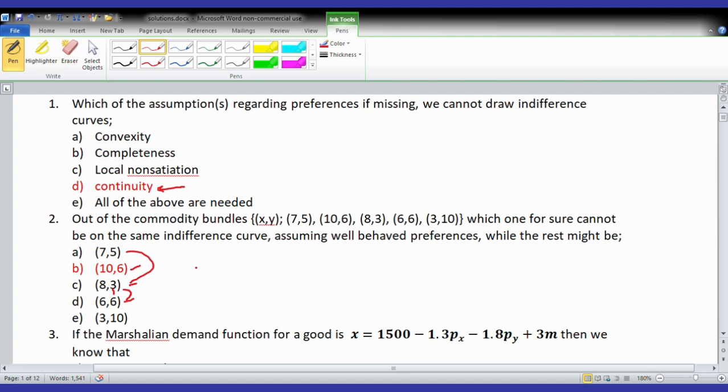So (7, 5), (8, 3), (6, 6) and (3, 10) can be on the same indifference curve, but this is definitely not true for (10, 6) when we compare it with (7, 5), (8, 3) or even (6, 6).